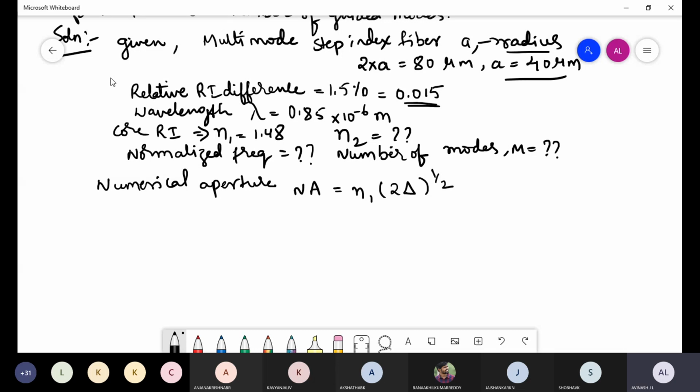It will be equal to 1.48 into (2 into 0.015) to the power of 1 by 2, that will be equal to 0.2563. Since if I ask, you will take more time to tell the answer, I am myself giving the answer. 1.48 into (2 into 0.015) to the power of 1 by 2 equals 0.2563.